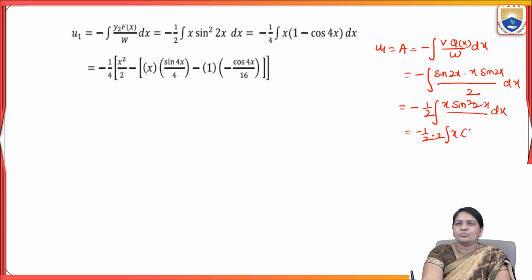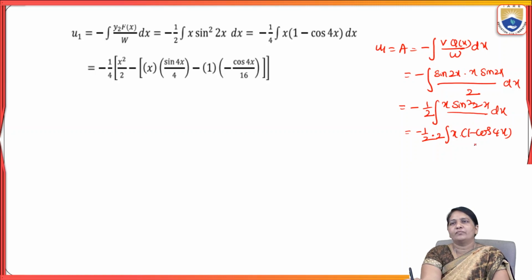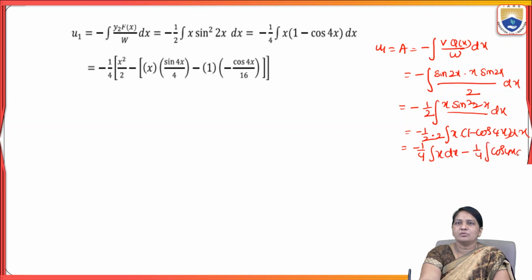So x into 1 minus cos 4x. Here I already told you, when you have a trigonometric formula, we can convert this into integral form by using the trigonometric formula. So here I am calculating minus 1 by 4 integral x dx minus 1 by 4 integral cos 4x into dx.